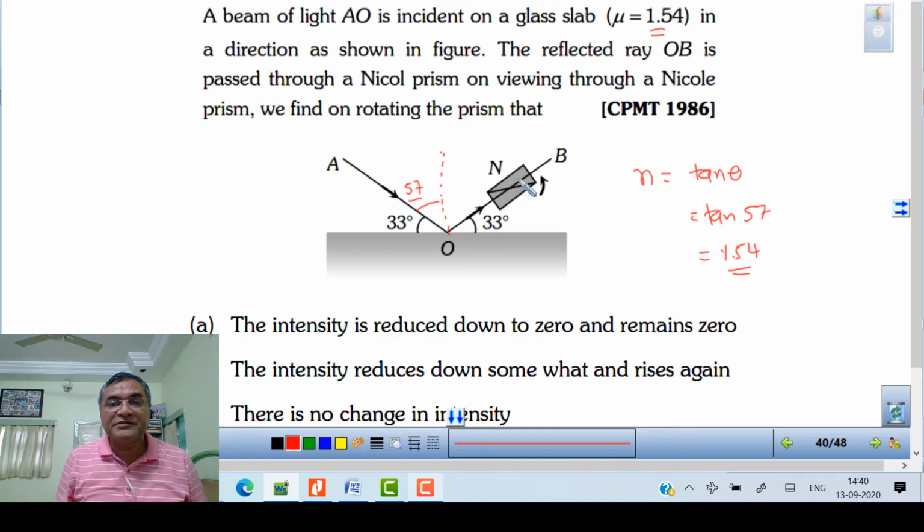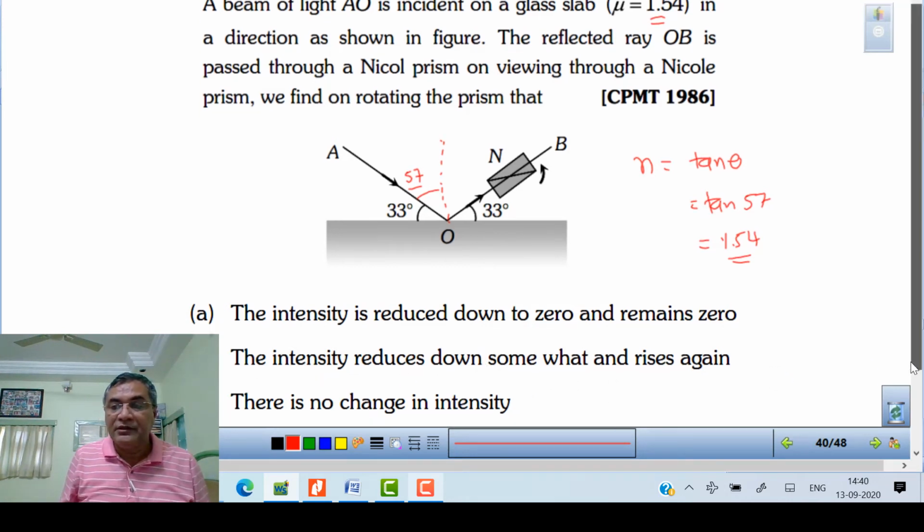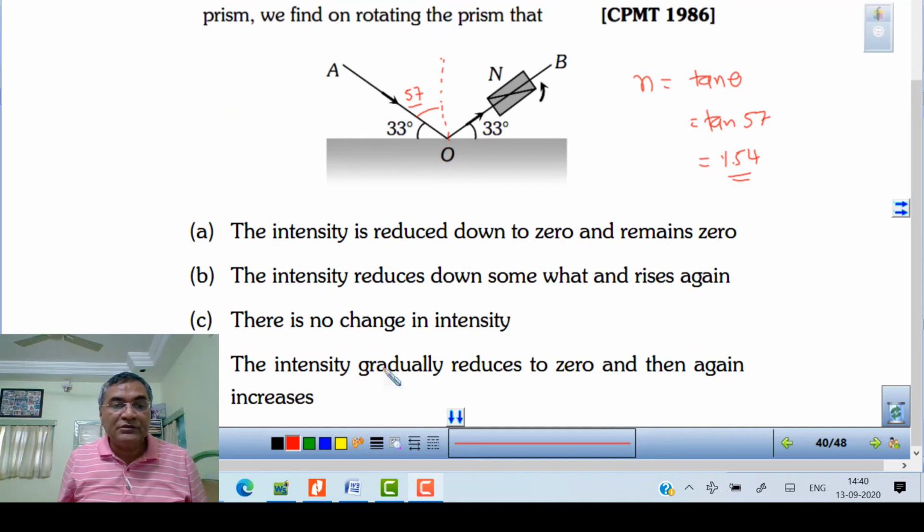So if polarized light is passing through the Nicol prism and the Nicol prism is rotated, the intensity becomes maximum to 0, as I discussed in the last problem. So the intensity reduces down to 0 and remains 0? No. The intensity reduces down somewhat and rises again? There is no change in the intensity? Intensity will definitely change. The intensity gradually reduces to 0 and then again increases. So this is the correct answer.